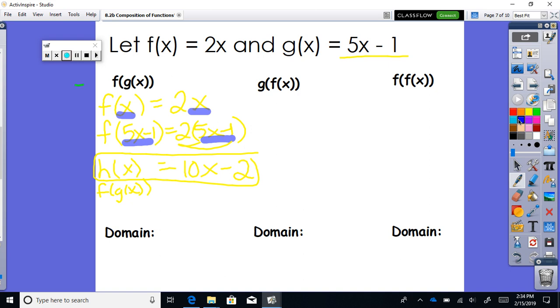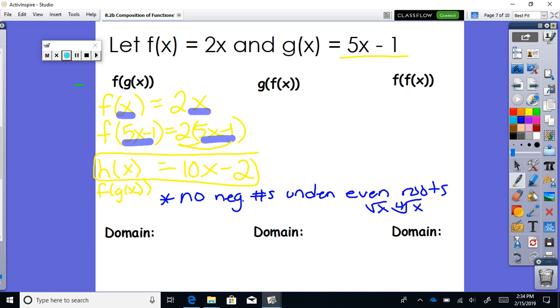I know that because I can think about my restrictions. Remember, you can't have any negatives under an even root. So no negative numbers under even roots. So if you had a square root or a fourth root of x, then your domain would have to be greater than or equal to 0.